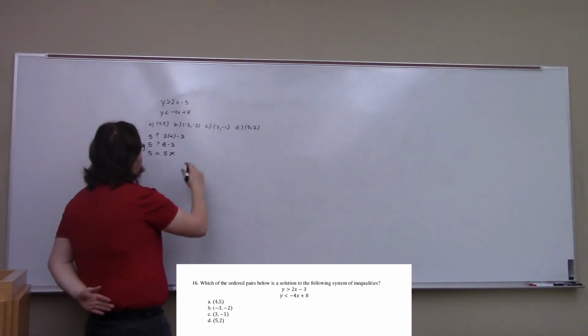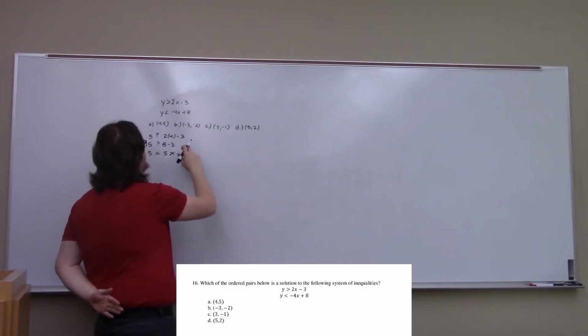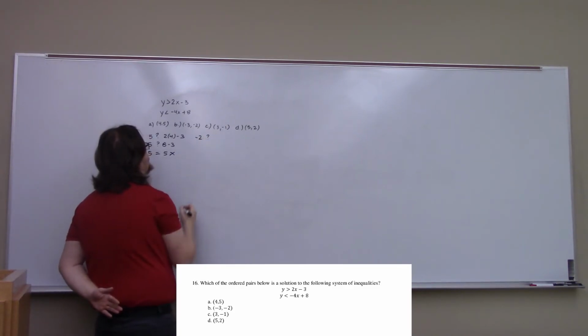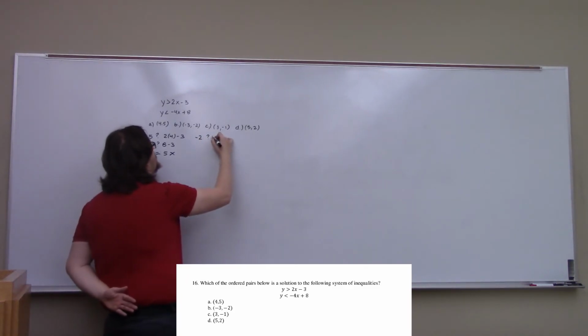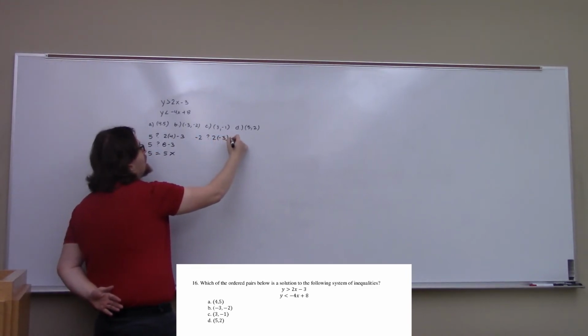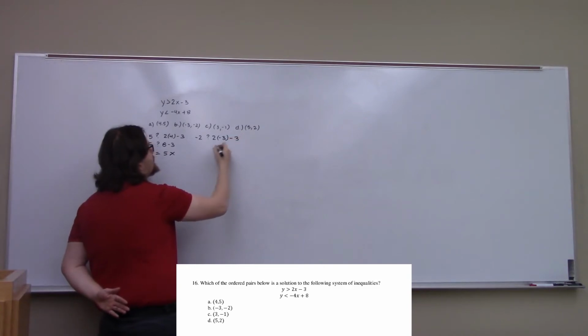Alright, now let's test the second coordinate with our first equation again. Plug in -2 for the left side, and then we don't know if it's equal to, and then we have 2 times our -3 here, minus 3.